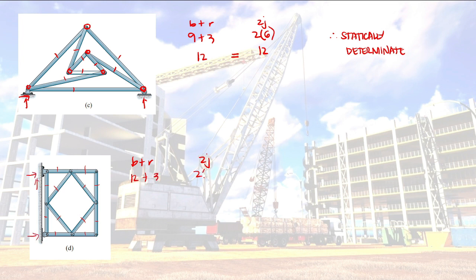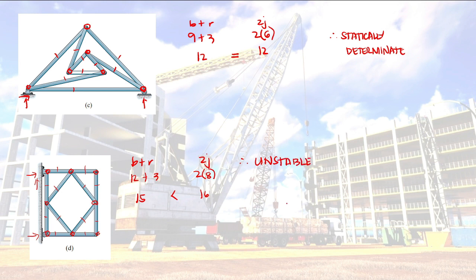Then 2 times how many joints? 1, 2, 3, 4, 5, 6, 7, 8 joints. So 12 plus 3, that is 15. Then 2 times 8, that is 16. So it is less than. So therefore, this one, it is unstable.